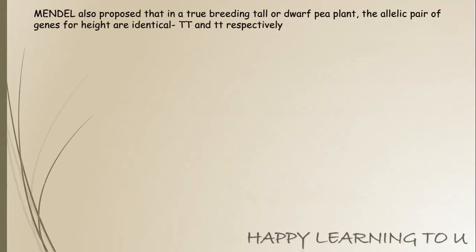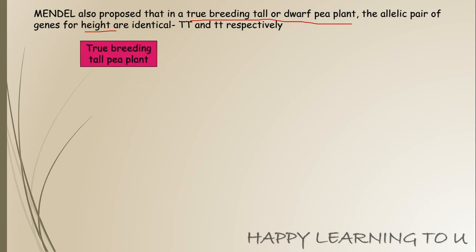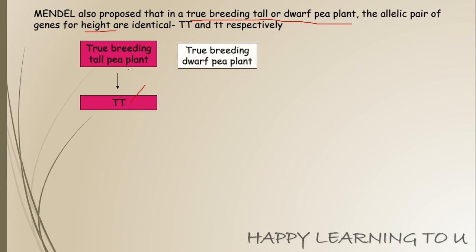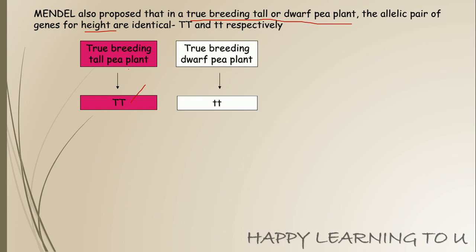Now, what he proposed is that in a true breeding tall or dwarf pea plant, the allelic pair of genes for height are identical. So as per him, for a true breeding tall pea plant, the allelic pair of genes was capital TT, identical. And for a true breeding dwarf pea plant, the allelic pair of genes was small tt.